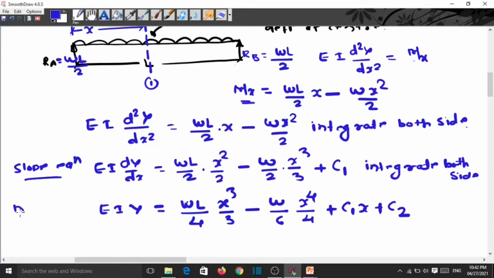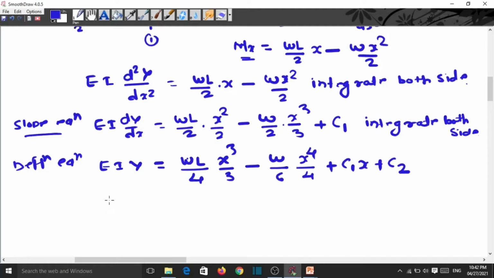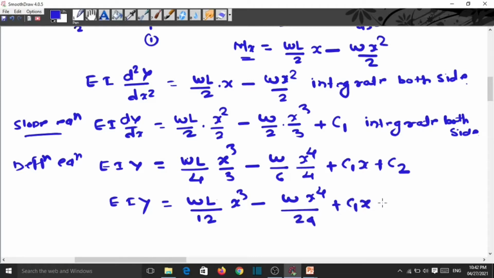This is called the deflection equation. Modified, EI y is equal to WL divided by 12 into x raised to power 3, then minus Wx raised to power 4 divided by 24, plus C1x plus C2. Now our aim is to find the values of C1 and C2, the constants of integration.